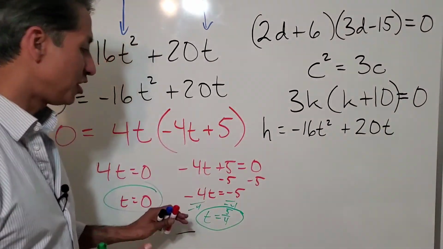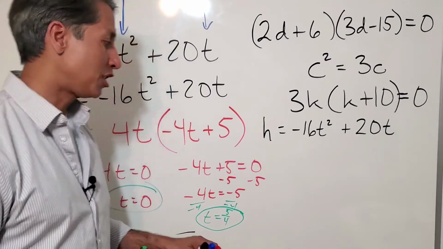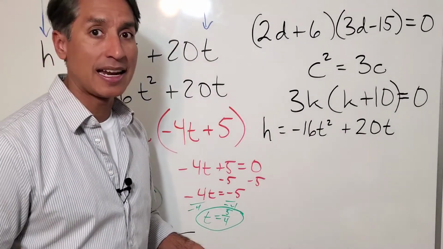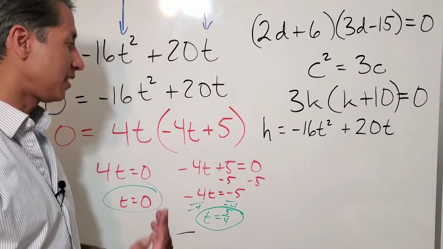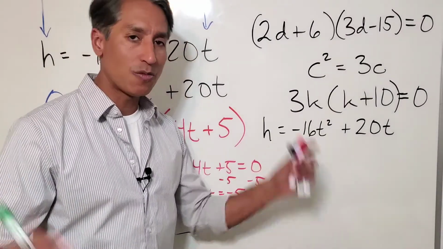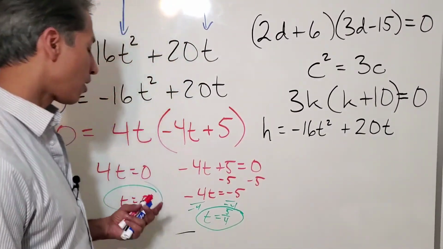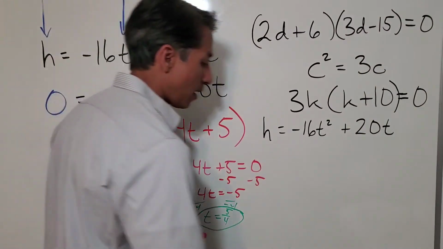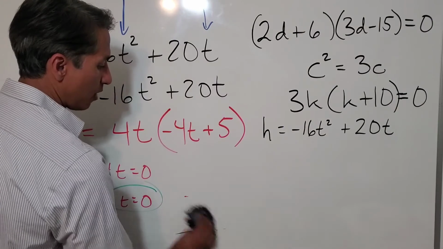So if this is your deal, then this is how you should solve these problems, because as you've practiced these, you're going to get faster. You're like, I'm good at this: separate these, solve them for t, x, b, whatever, and then just get my roots and I'm done.